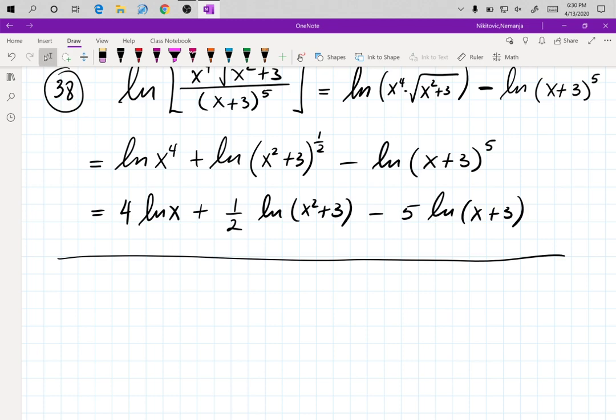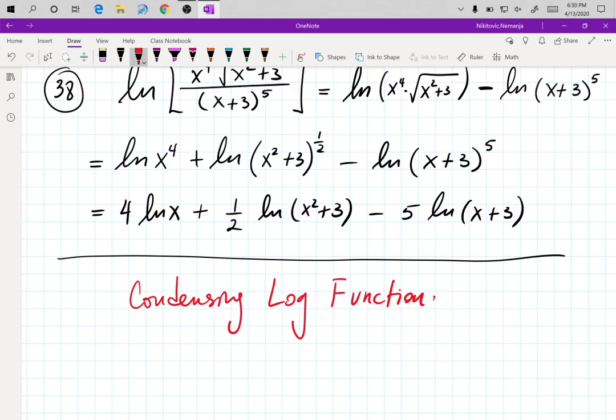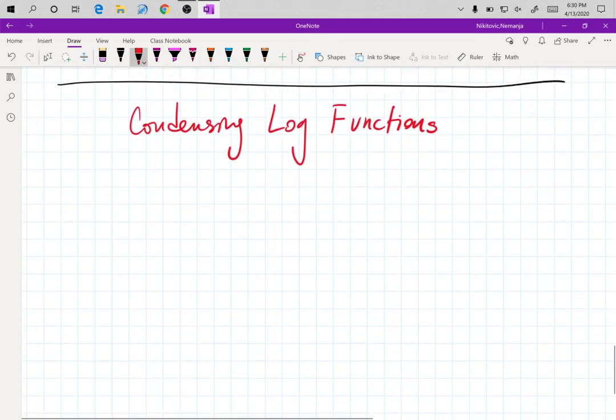The next set of exercises are asking us to condense the log, compress the log or condense the log into single logs. So condensing log functions. Now you will say, well, you know, I spoke so highly of the previous one that we'll be using, calculus, why is this one red?